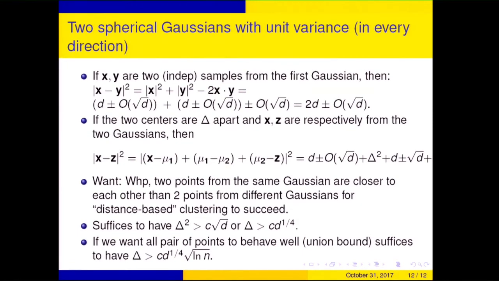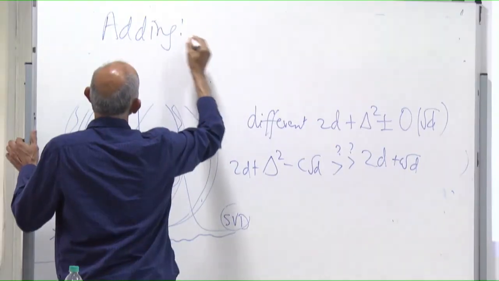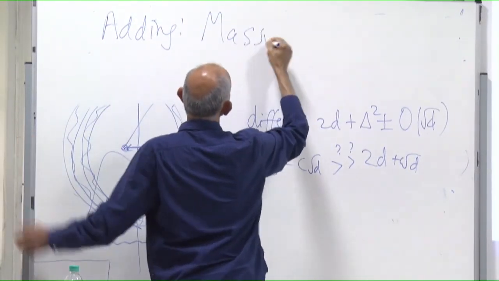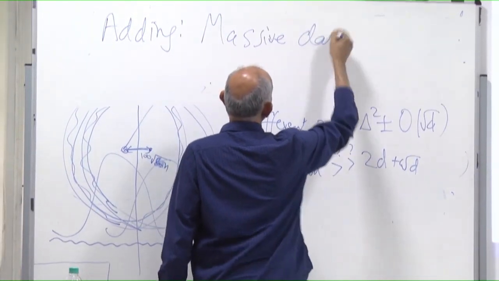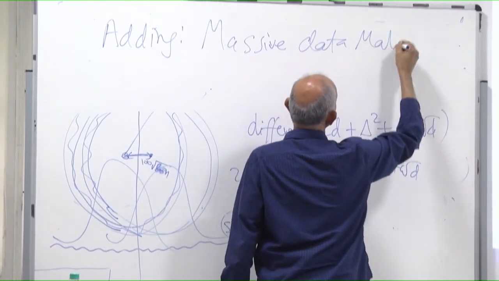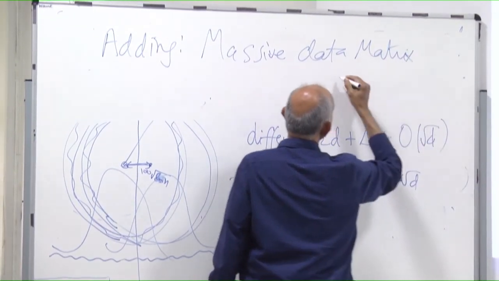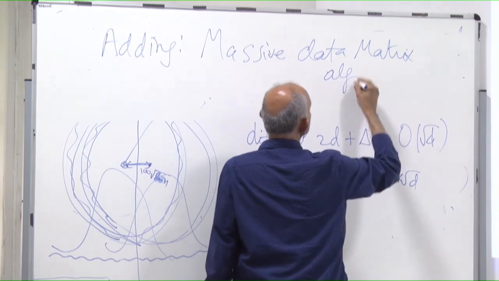And because it's going faster, we will hopefully do, at the end, massive data matrix computations using sampling. That's in a later chapter, I think chapter 7 or 8. Massive data matrix algorithms.